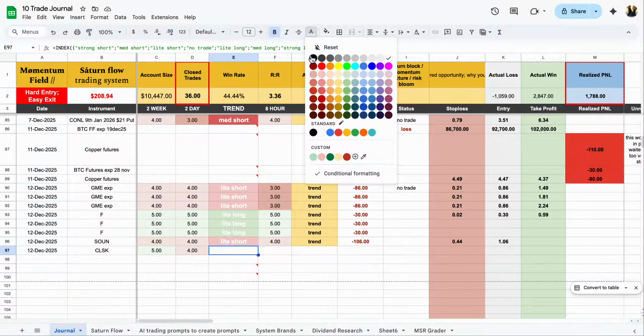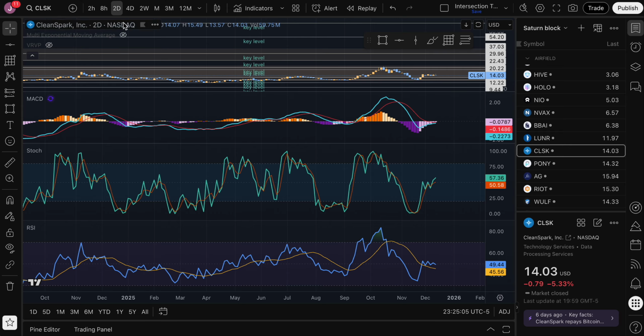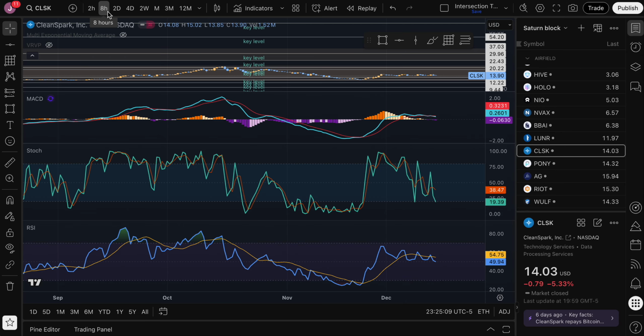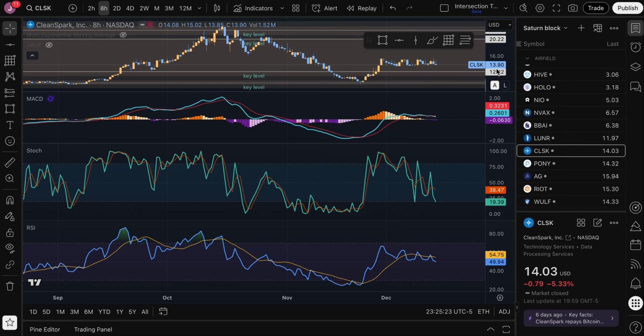It says no trade. About 8 hour. So by it saying no trade, it's kind of making me think that which I probably will still trade.